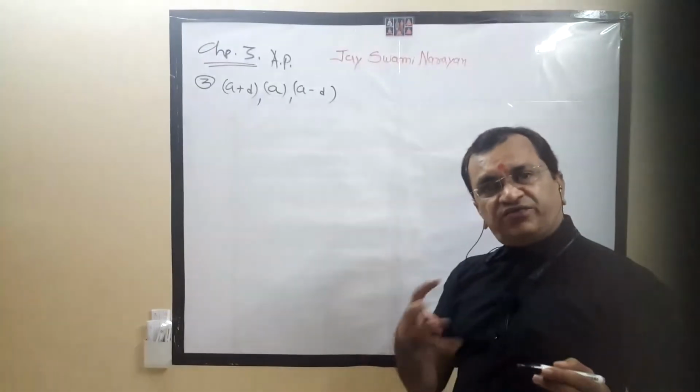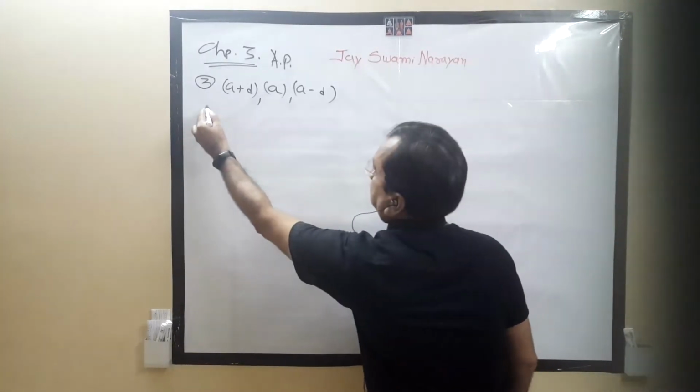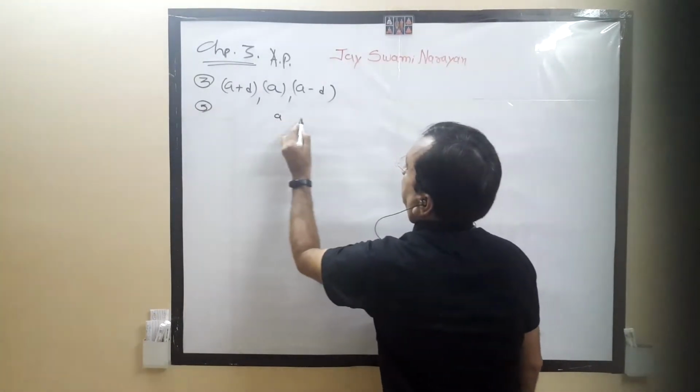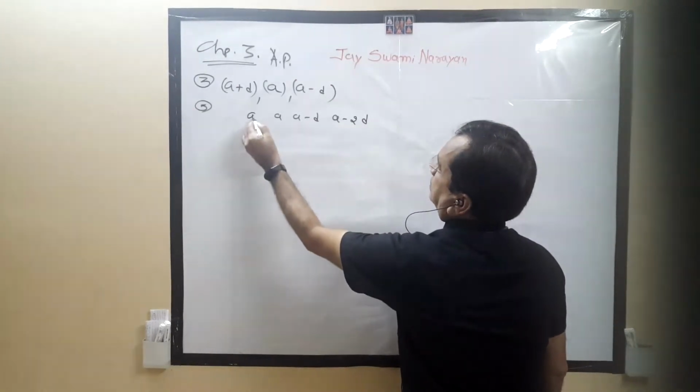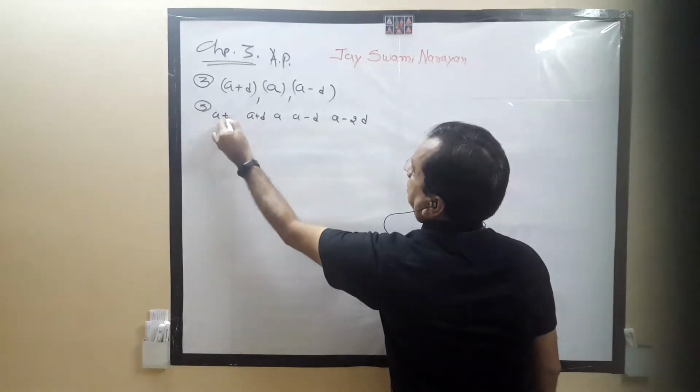When you have to consider 5 numbers, again A minus D, A minus 2D, A plus D, A plus 2D.